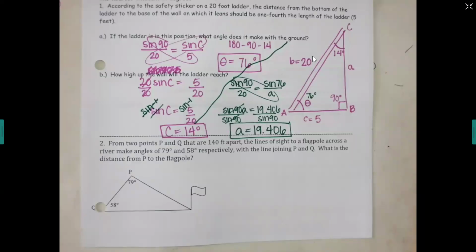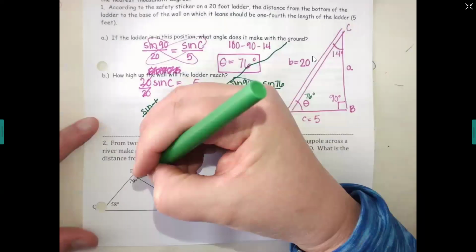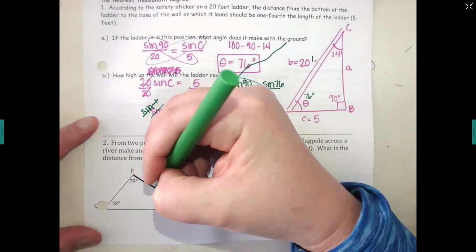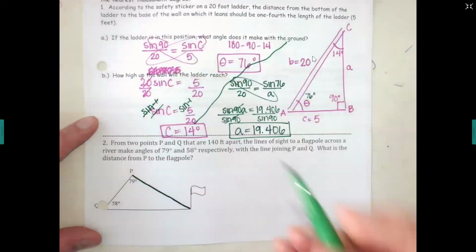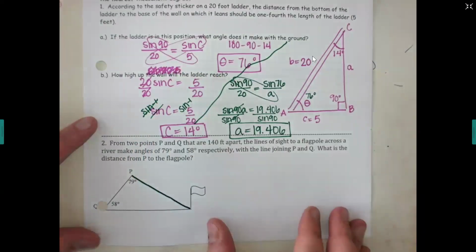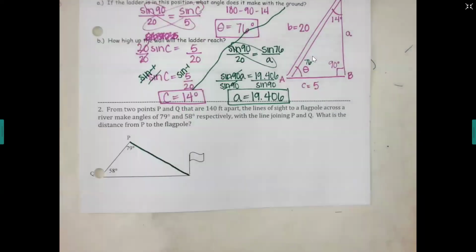We have a 58 and a 79 already in the picture for us. We want the distance from point P to the flagpole. So if P is here and Q is here, then what letter would I use to label that based on the rules that we did last time?